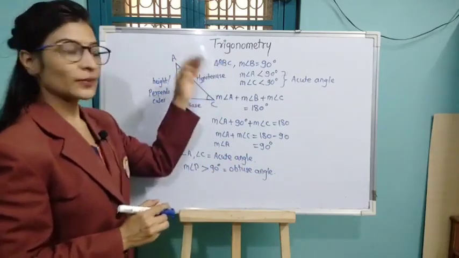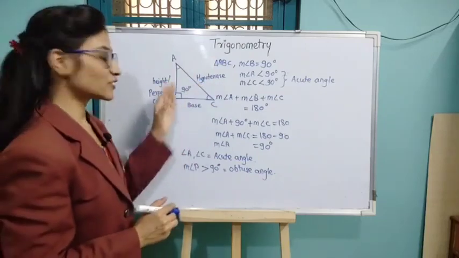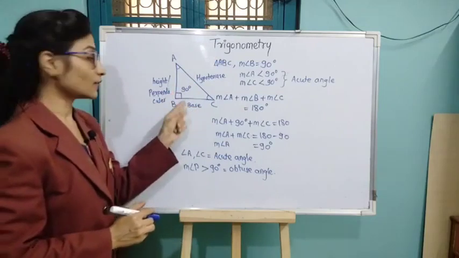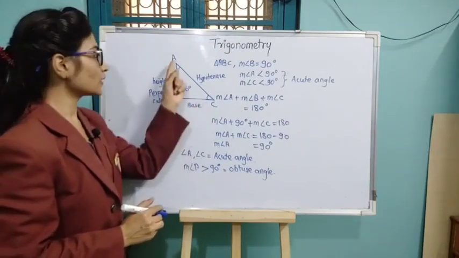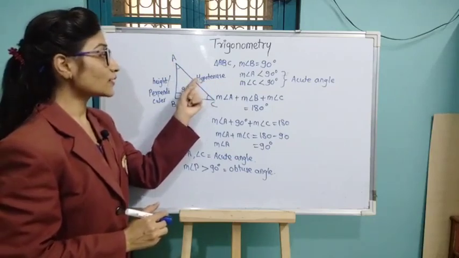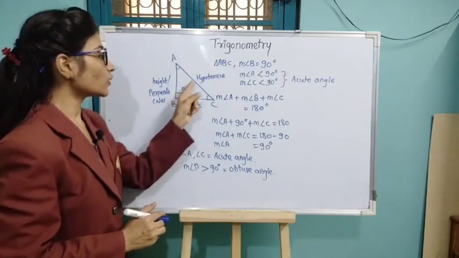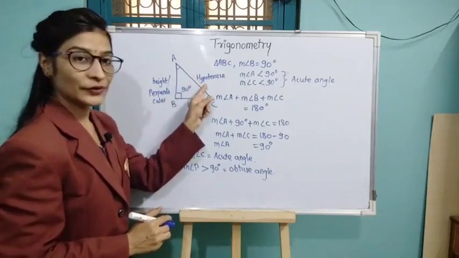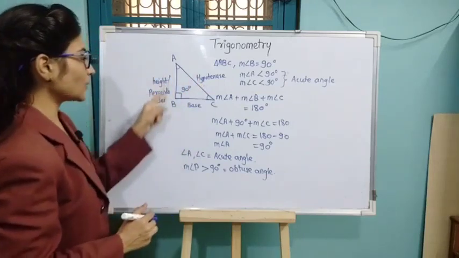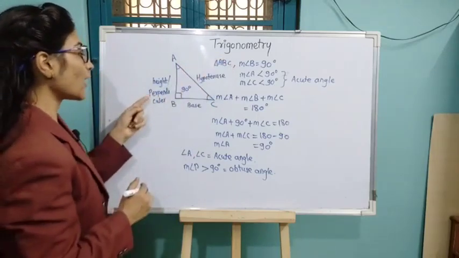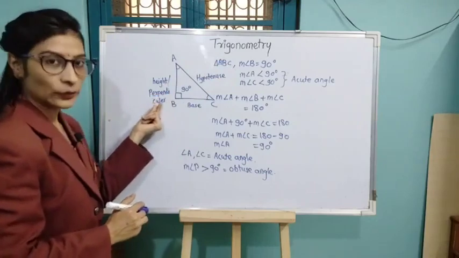So for trigonometric ratios, we just have to consider this figure of a right angle triangle, in which we consider BC as the base, and AC as the largest side, which is always opposite to the 90 degree angle. This side is known as the hypotenuse, and this side AB is known as the height, or in trigonometric ratios we consider this side as the perpendicular.